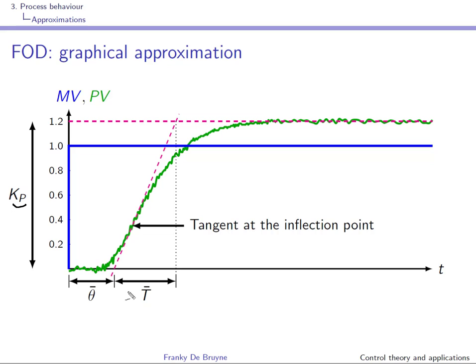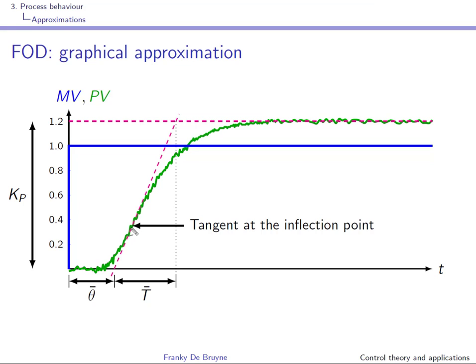For that we have to look for the inflection point, right? The inflection point is the change in curvature, and the point where you have a change in the sign of the second derivative, right? Here the response is concave upward, and from here on it's concave downward. So here you have the inflection point and you can draw the tangent.